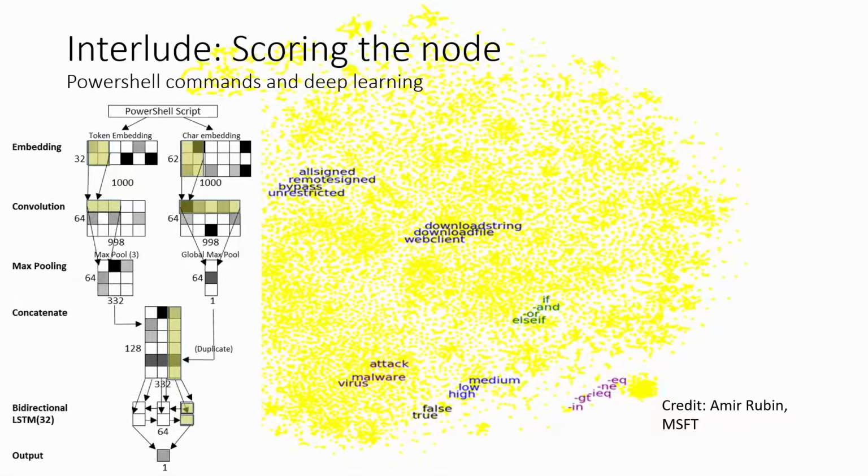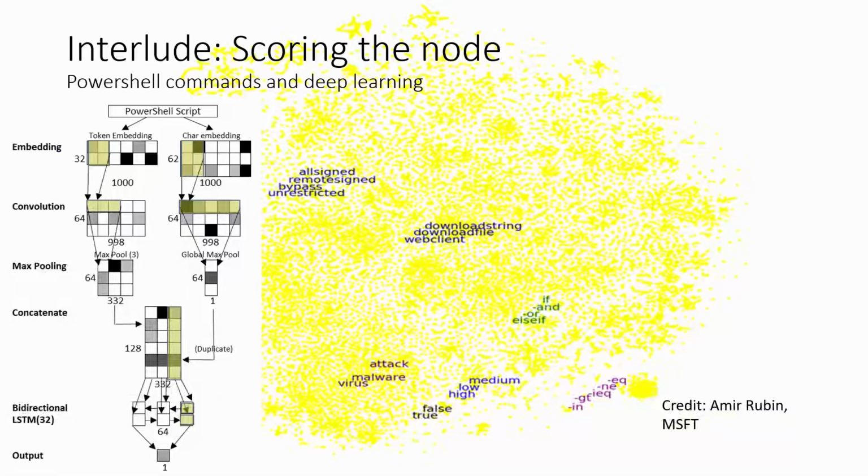They extract the text of the PowerShell script and convert it into some numbers. I'm sort of skipping over some details because there's a deep learning model here, but it gives you some numerical understanding of the semantic relationship between the words.